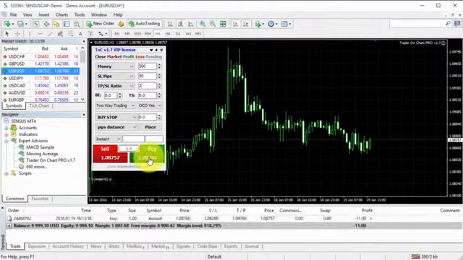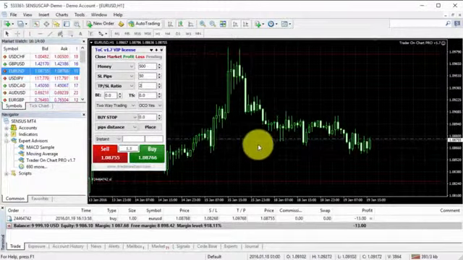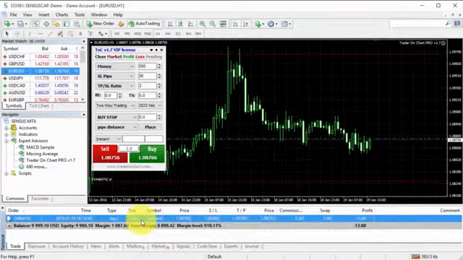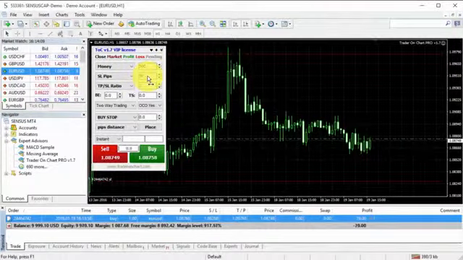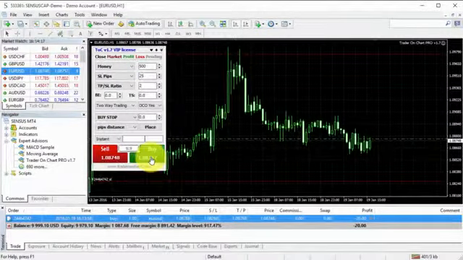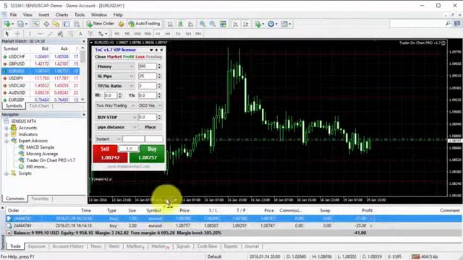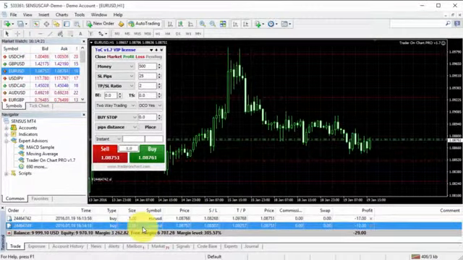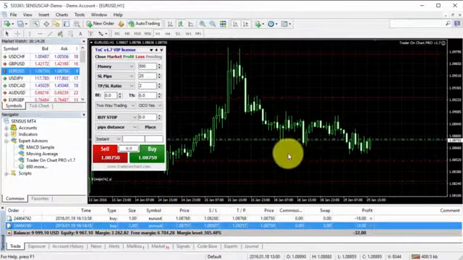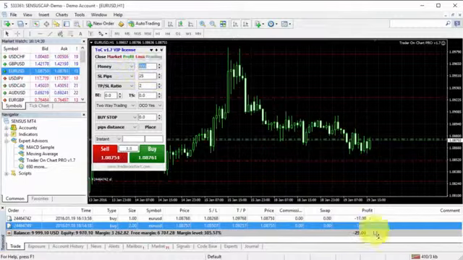I click buy, and it calculates immediately that I need a full lot size to risk $500 with a stop loss of 50 pips. If I make my stop loss smaller and then buy another trade, it will open 2 full lots. So now both of these trades, if they hit stop loss, both of them will lose $500 each.